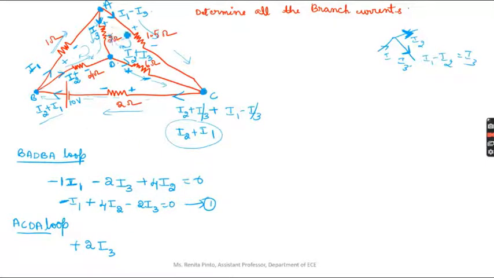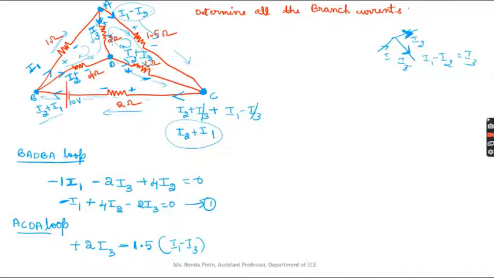Next, when I'm going like this, I'll be entering the positive of 1.5, so I have to write it as minus 1.5. Current through 1.5 is, you can see here, I1 minus I3. After 1.5, the next resistor is 6 ohm.